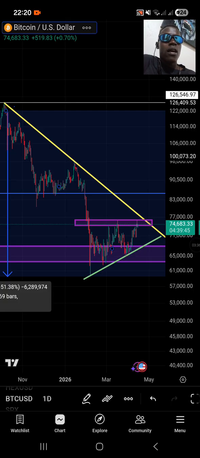Once it breaks out and retests, that will mean price has made a very significant move, and that will show that the bulls are now back. So we'll keep on seeing price going up, accumulating again, maybe pulling back, or retesting, and then keep on going.